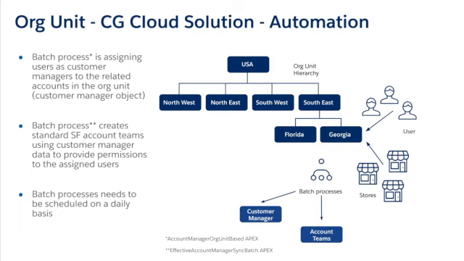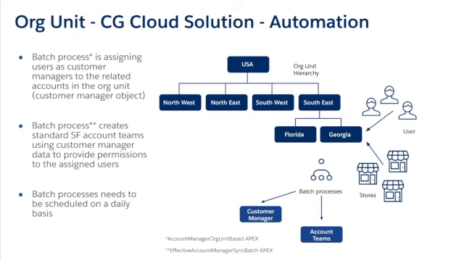It means the first batch process, and you can see in the footnote the Apex name, is creating the customer manager object relation, and the second batch process is creating the standard Salesforce permissions for the account teams. It means you can set up in the system the org unit based on your different periods, and the batch processes need to be scheduled on a daily basis.